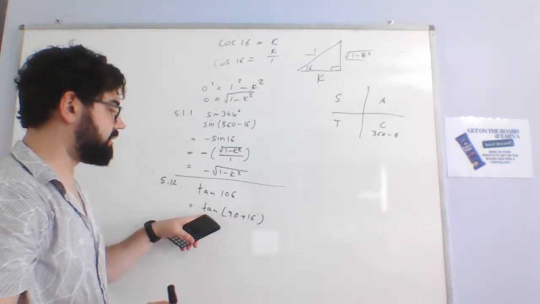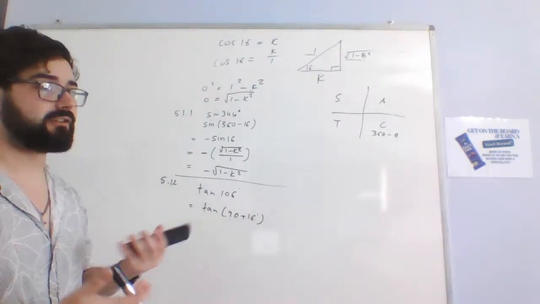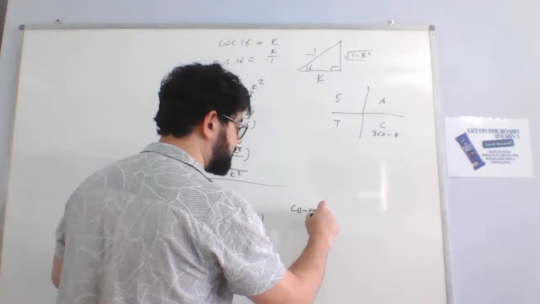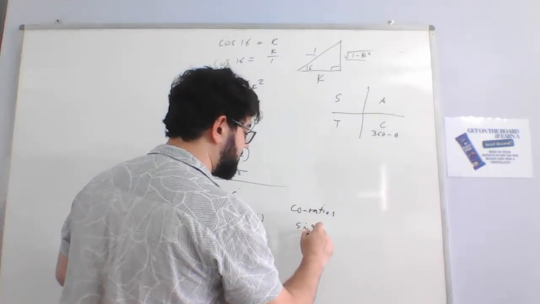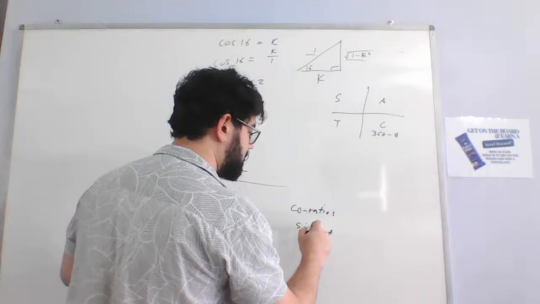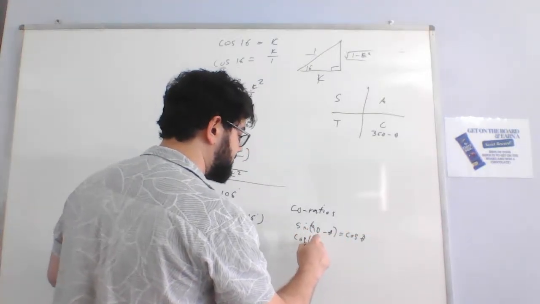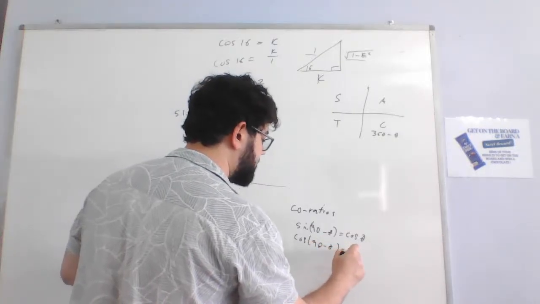And then we've got tan of 90 plus. So if you remember, those are co-ratios. Our co-ratios look like this. Sine of 90 minus theta is equal to cos of theta. Cos of 90 minus theta is equal to sine of theta.